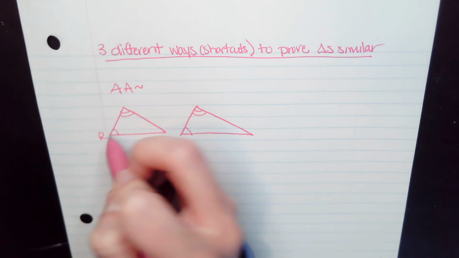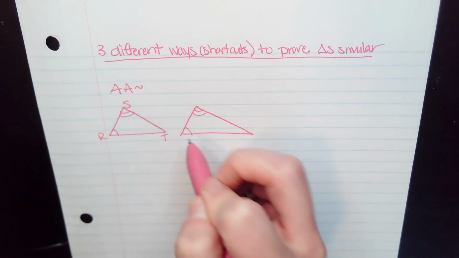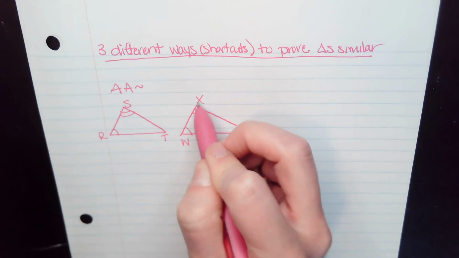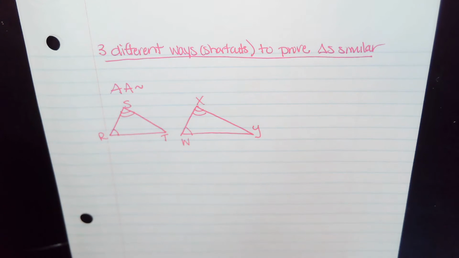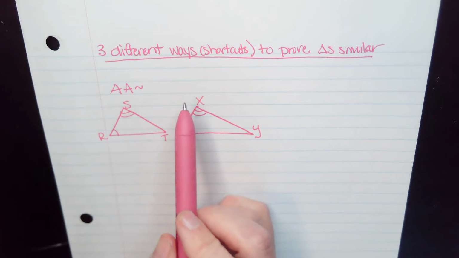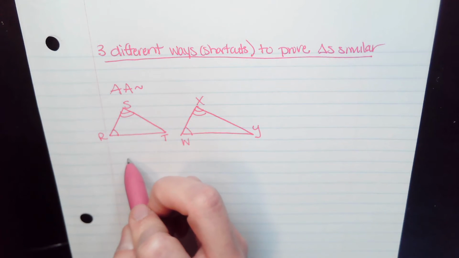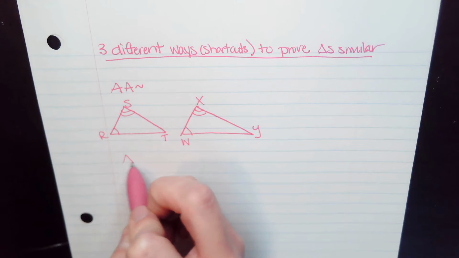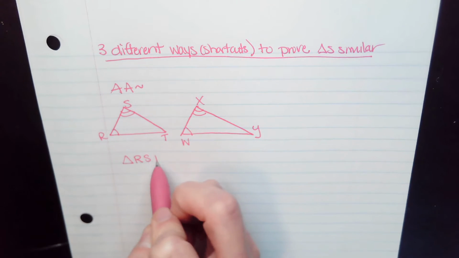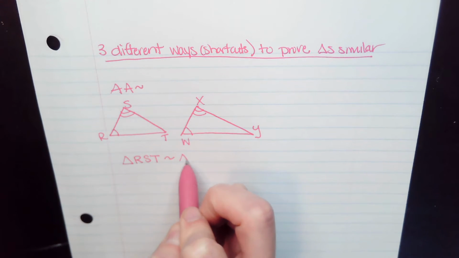I also want to practice here writing your similarity statement. So I'm going to give you letters. And we know that they're similar to each other. So this would be by angle, angle. Their corresponding angles need to match up. And for your similarity statement, we would take your first triangle, so let's call it RST, is similar.